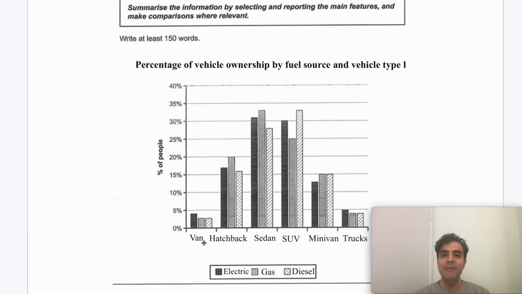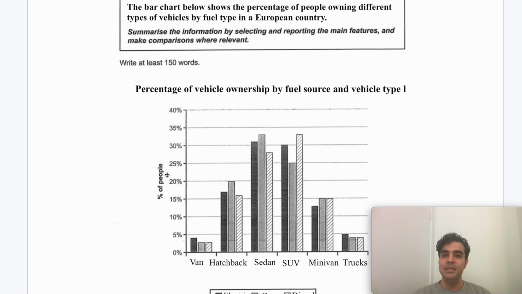So if we're looking at vehicles here on the horizontal axis, we can see different categories, different classifications, different groups of vehicles. The vertical axis, which you can see here, again, similar to the line graph, represents data amounts or quantities. In this case, it's percentage of people, right?